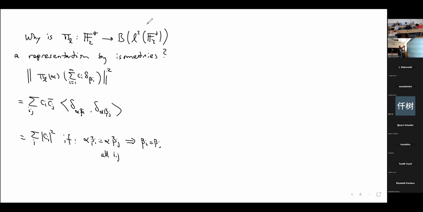Of course, we can take any betas we like. So it's really saying in order to get this isometric property, we need left cancellation. So the property of F2 plus is left cancellation.